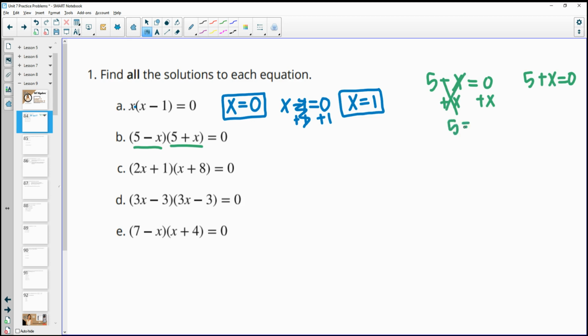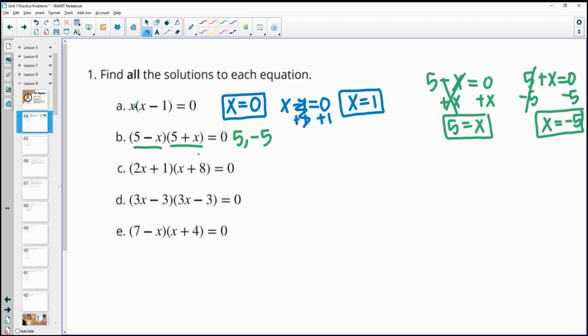We're left with 5, and then 0 plus x is just x, so we get x equals 5. And then here I'll subtract 5 from both sides. 5 minus 5 is 0, so that's just x, and 0 minus 5 is negative 5. So we get x equals 5 and negative 5 for part B.